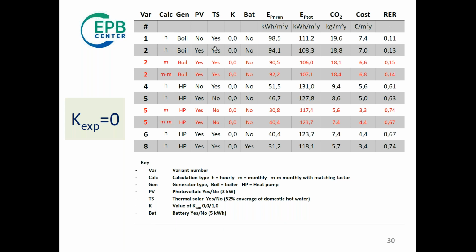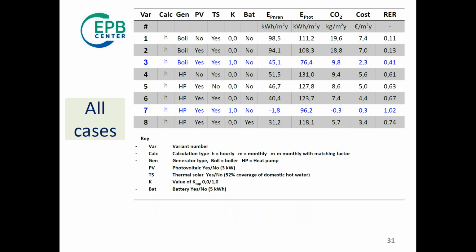So performance, of course, is better when going to a heat pump, and if you couple this with PV and potentially when you use a battery. In this table I put all the consistent evaluations when discarding the exported energy, so that you see exactly what is used by the building only for providing the EPB services.